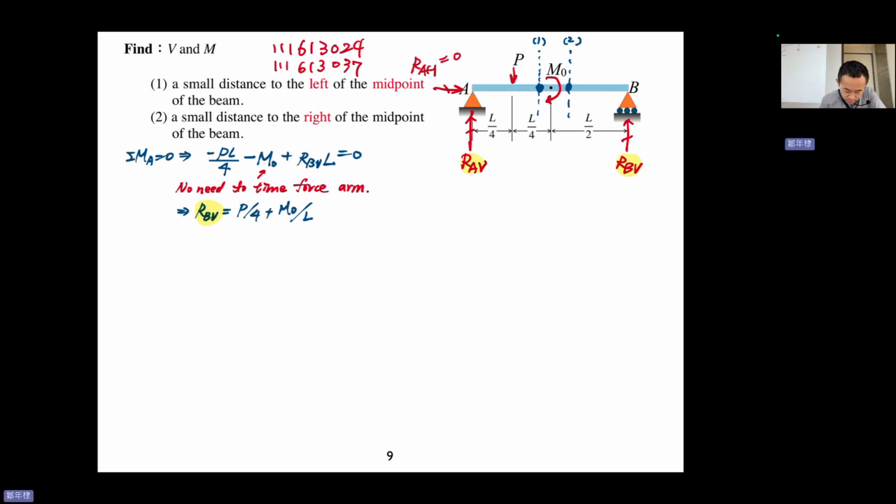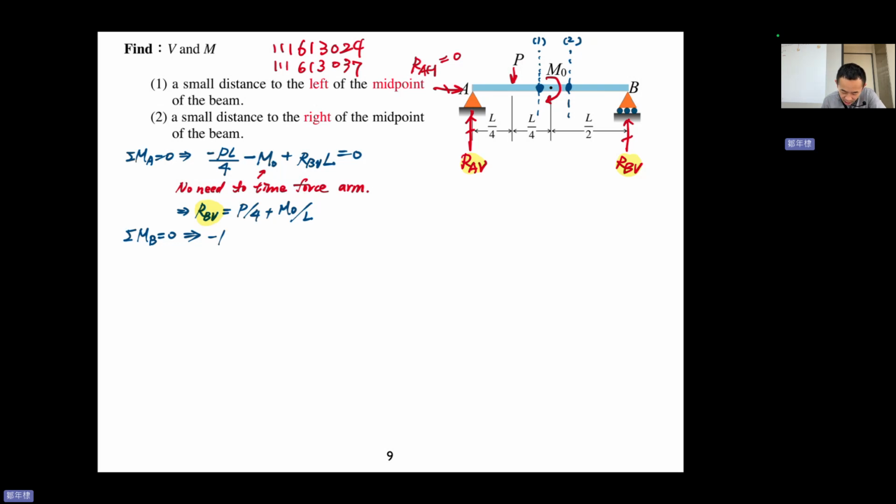How about second unknown? Sigma MB. Well, RAV can also be done by sigma FY, but here I just make it sigma MB equal to 0.